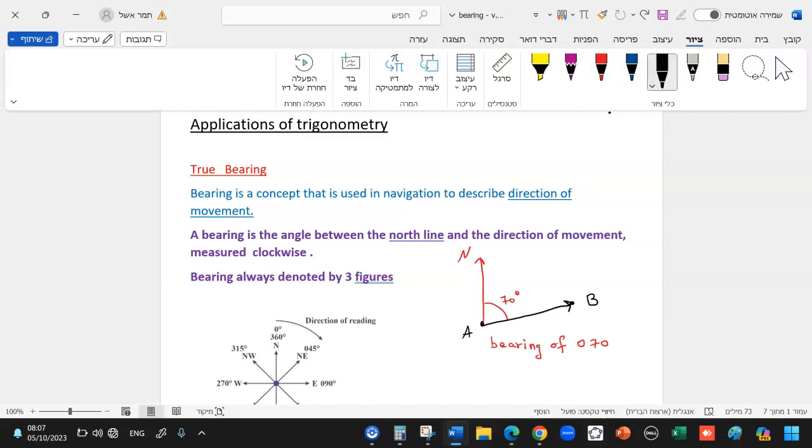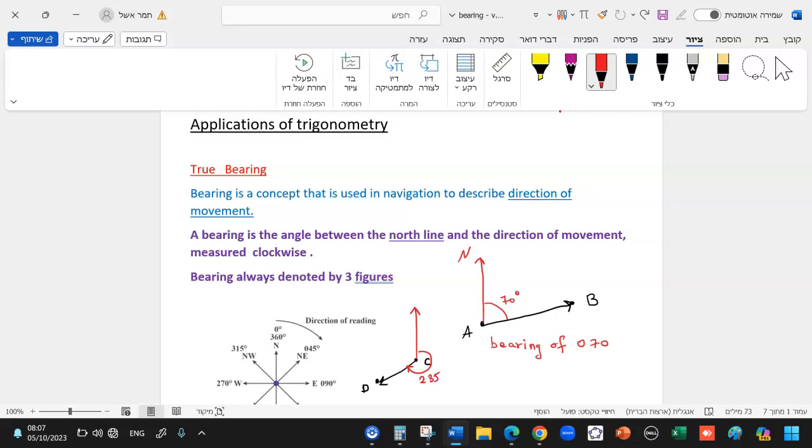Another example, if we go from this point C into this point D, the bearing is from the north. This angle is 235 more or less, and this is the bearing.